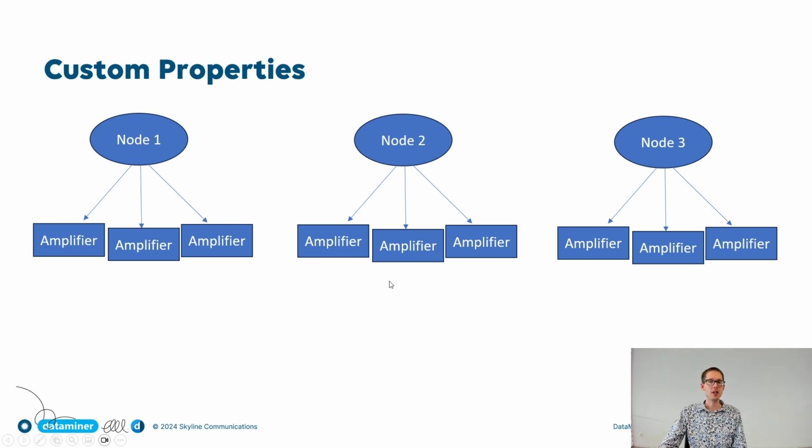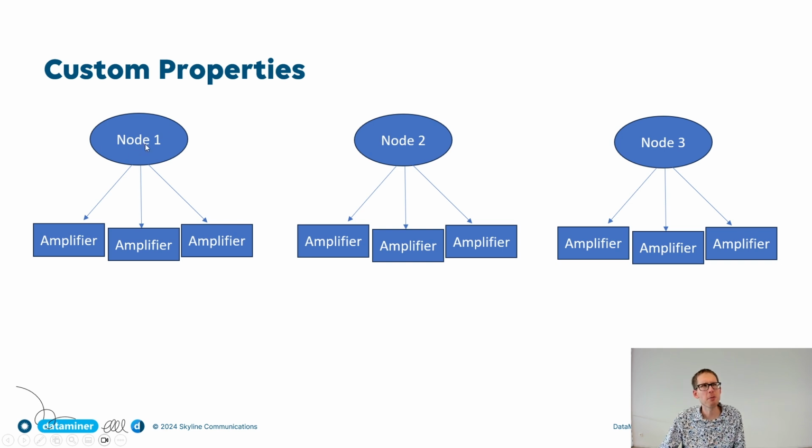Now assume for a moment that all the amplifiers under node 1 are suddenly in alarm. Then probably this is not really a problem of the amplifier, but it's more likely that this is a problem of the parent node, node 1.